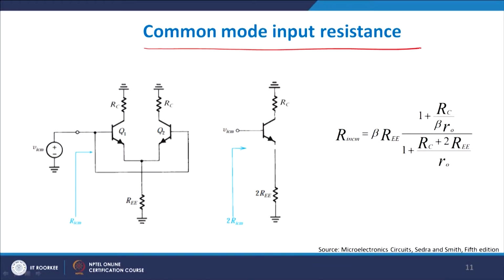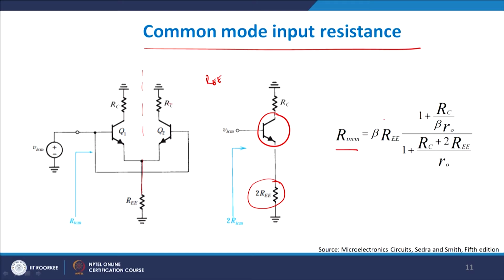Let me now explain what is known as common mode input resistance. We have seen it already; it is the resistance looking from the input side into the base of the design. If you remember, for the half mode signal I divided by 2. So I get RE, so I get 2 RE available to me, because I am just overlapping these with respect to each other, RC, and therefore I get VCM.